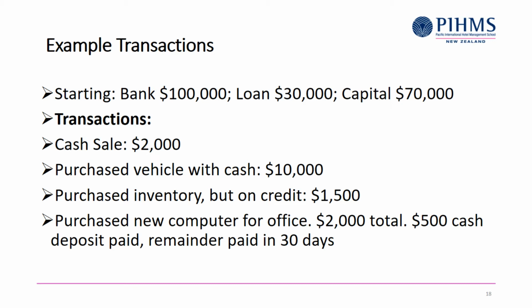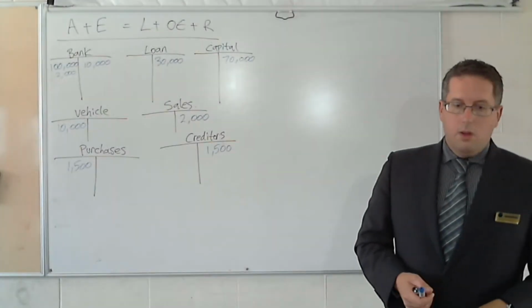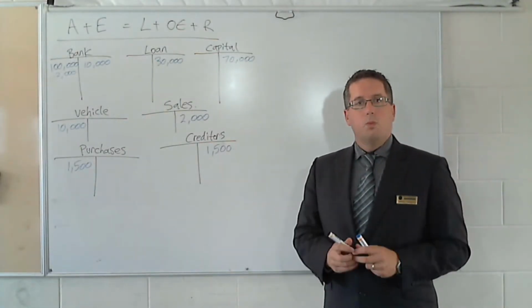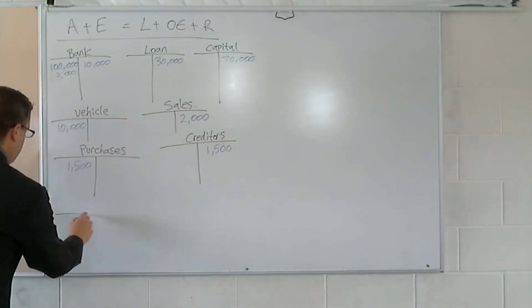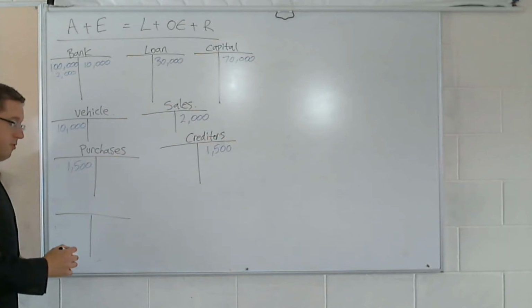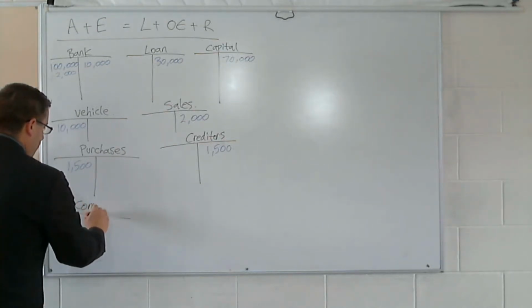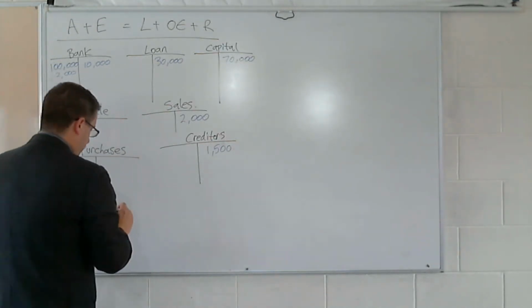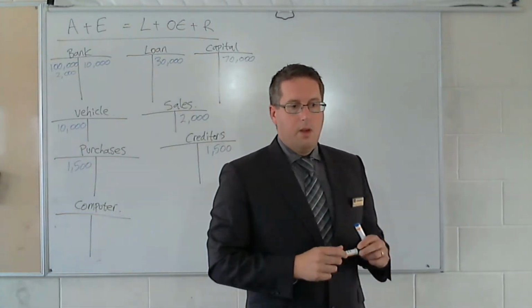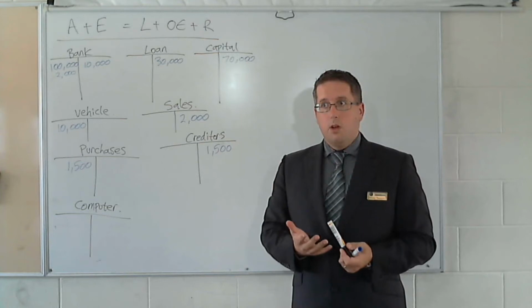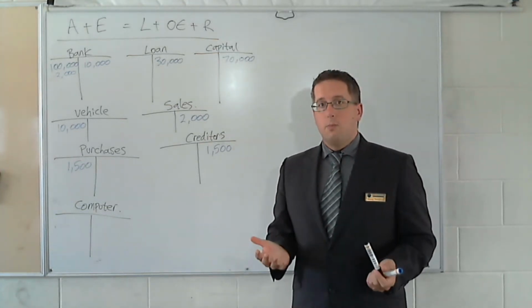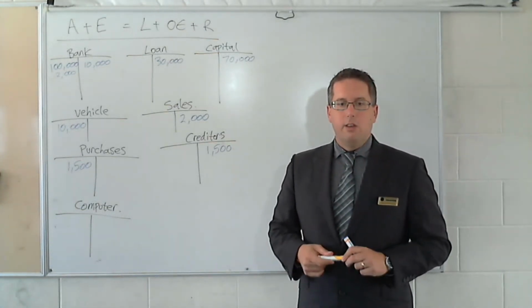So there are 3 accounts involved here. First of all, well, we have a computer. Just like a vehicle, we now get to record that we own something. So, computer. Now, computer is something that is going to be there for a long time, going to give us future benefit, so it's going to be an asset.